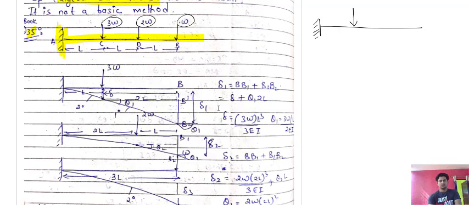Suppose I have applied a load 3W here. Now this length I know is L and the remaining is 2L.